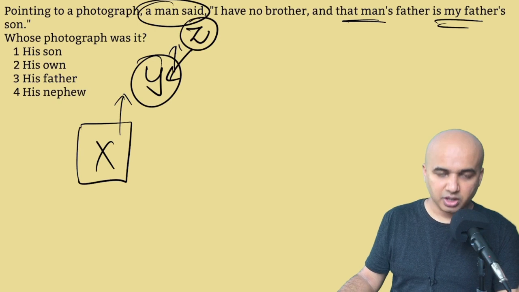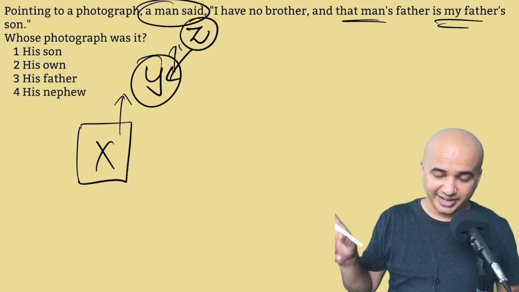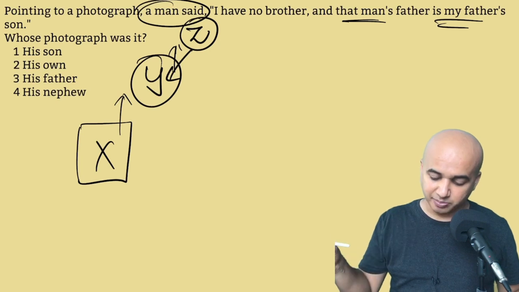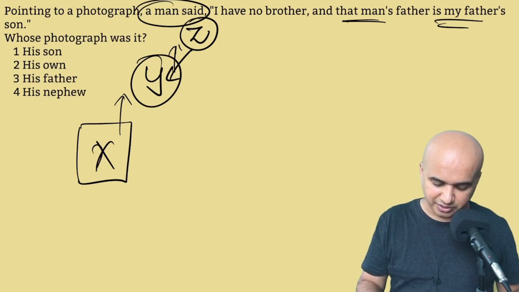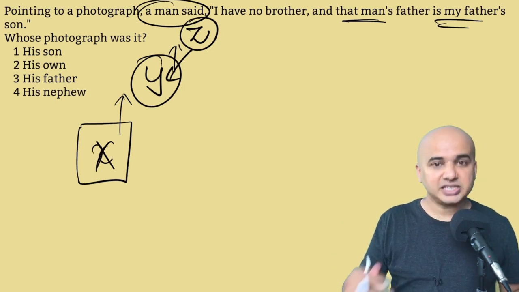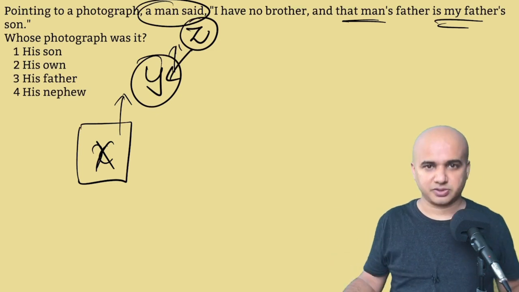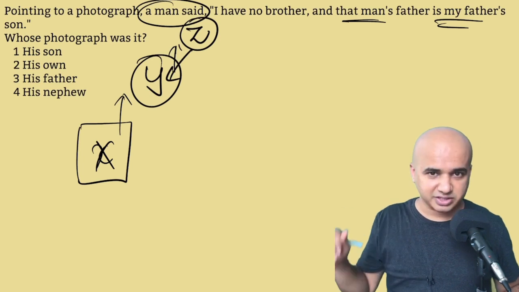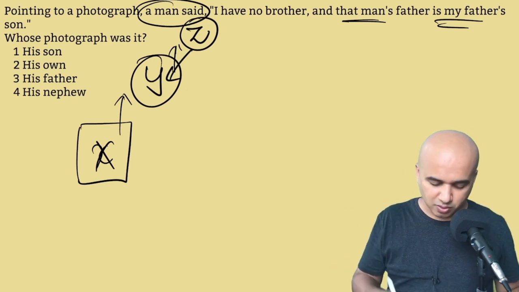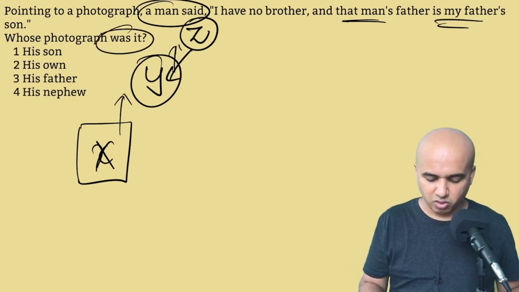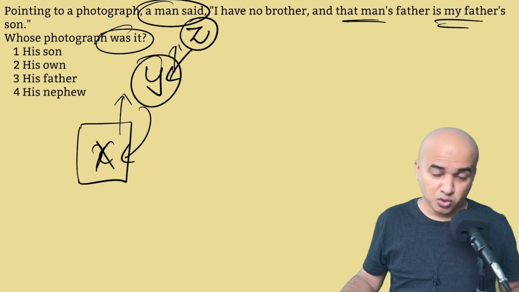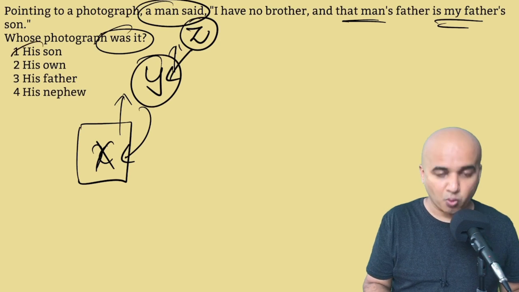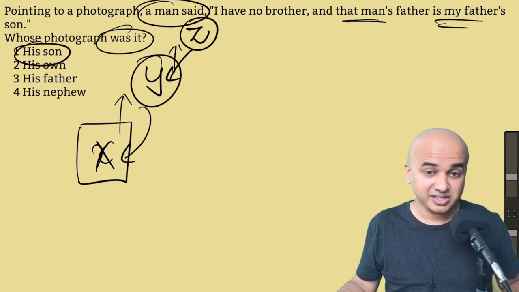Once again, imagine you are Y and you are making this statement: I have no brother and that man's father, that is X's father, that is Y himself, is my father's son. Again Y himself. So now whose photograph was it? Obviously it is X's. Who is X in relation to Y? X is none other than Y's son. I hope it is clear.